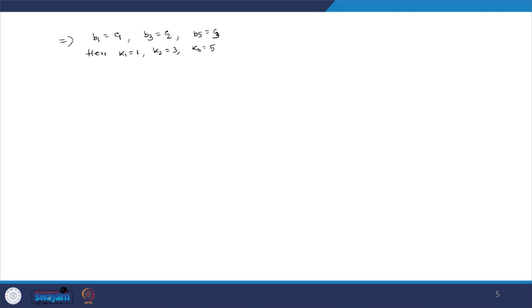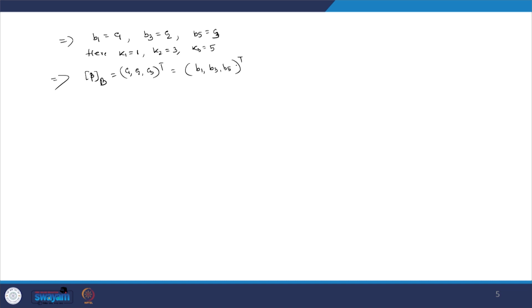Fine. So, this implies the coordinate matrix of beta with respect to the ordered basis B is equal to c1, c2, c3 transpose, which is b1, b3 and b5 transpose.